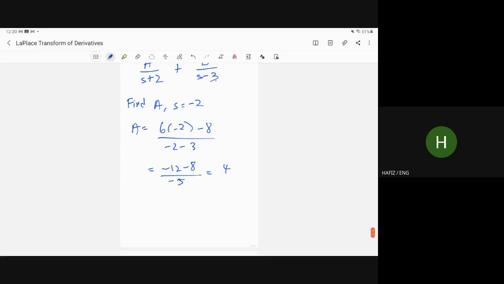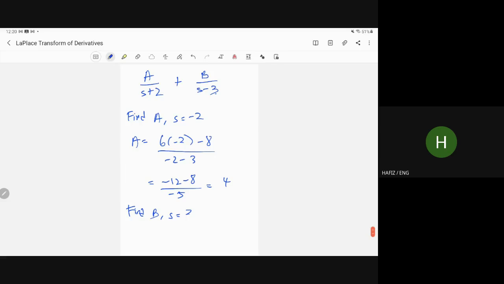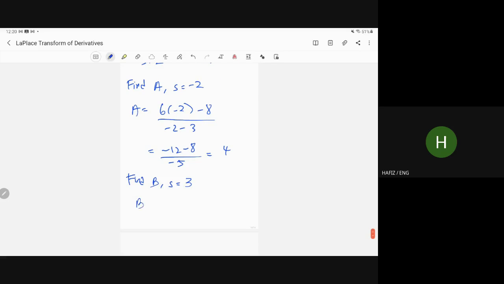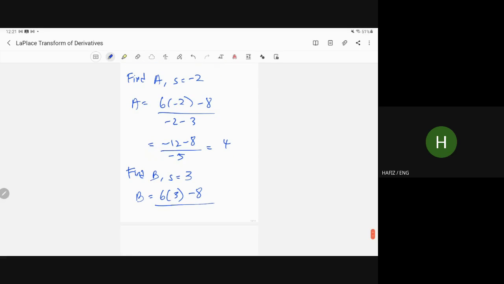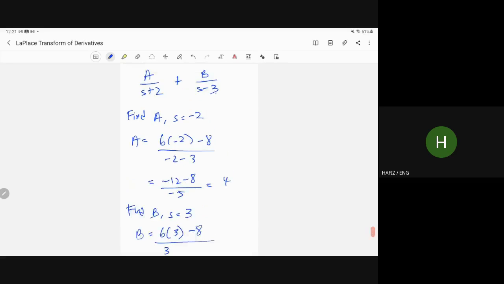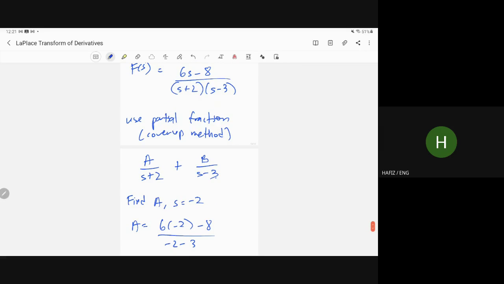And then for B, similarly, to find B, we set s is equals to 3. So B is equals to 6 times 3 minus 8, and then we have s plus 2, so we cover this one. 3 plus 2, which is 5.